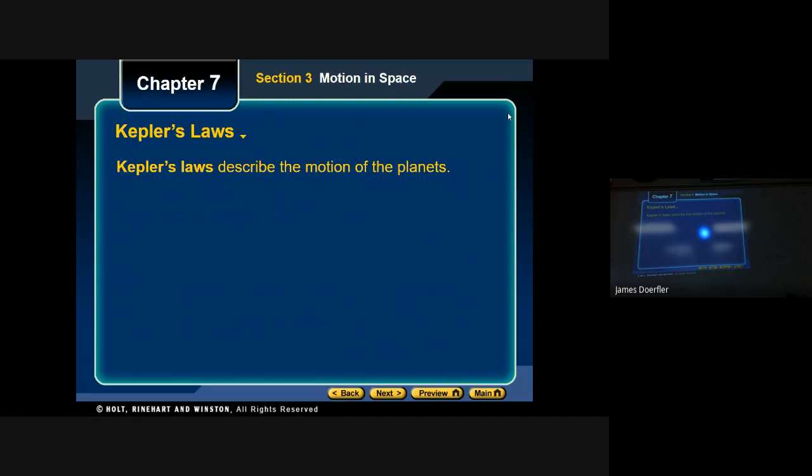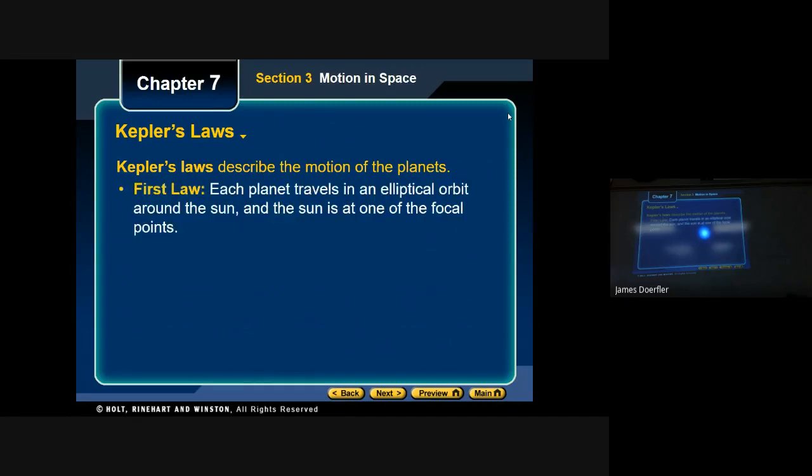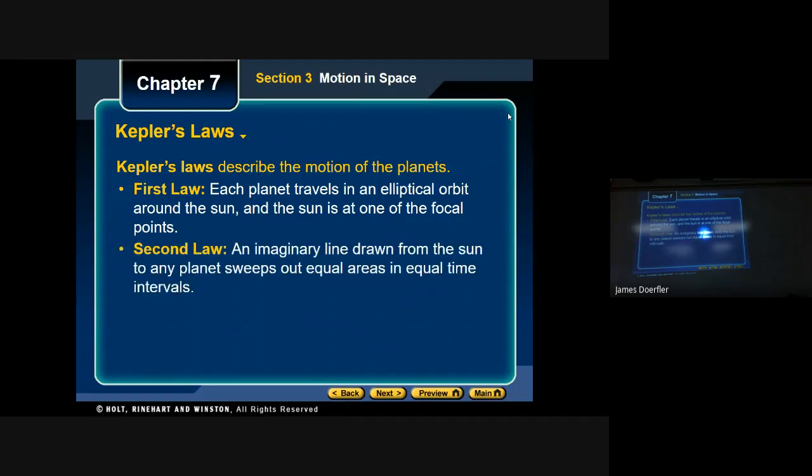Anyway, the basis of his laws are to describe the motion of planets. His first law states that each planet travels in an elliptical orbit around the sun, and that the sun is at one of the focal points. His second law states that an imaginary line drawn from the sun to any planet is going to sweep out equal areas in equal time intervals, which is going to be a huge key when it comes to the elliptical orbits of planets around the sun, because as you know, planets move farther or closer away from the sun, so we have speeds changing.